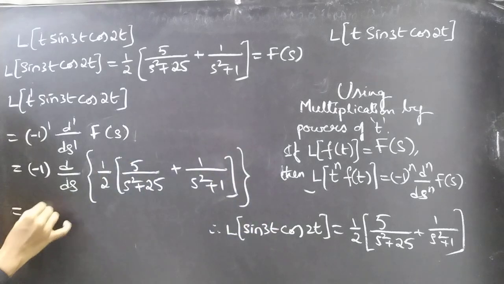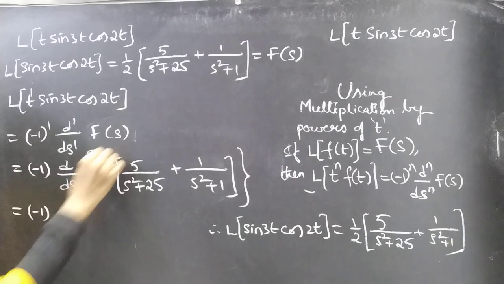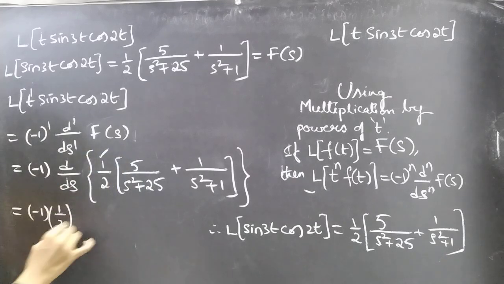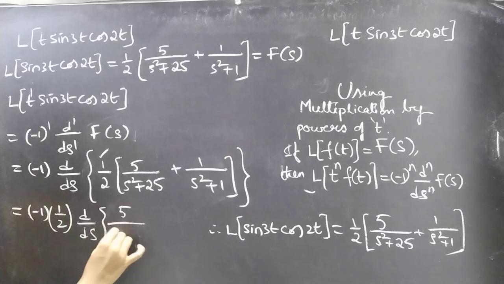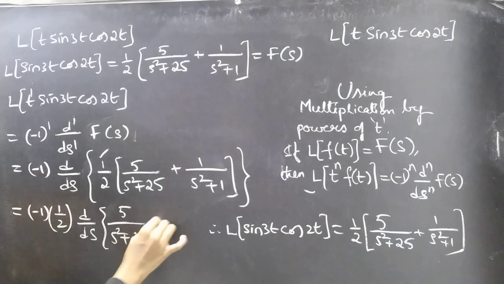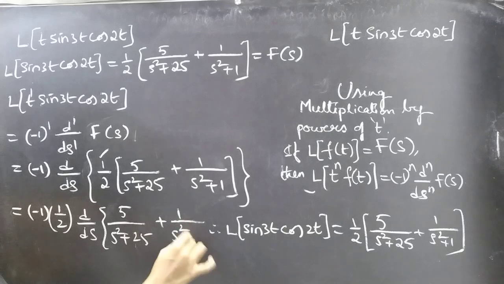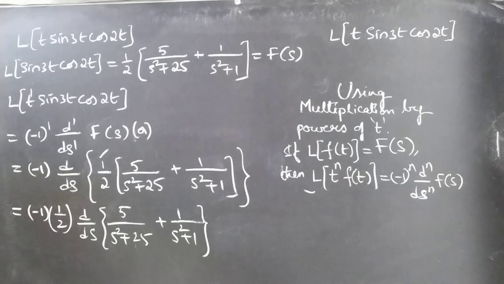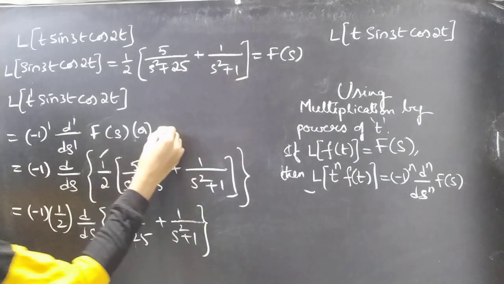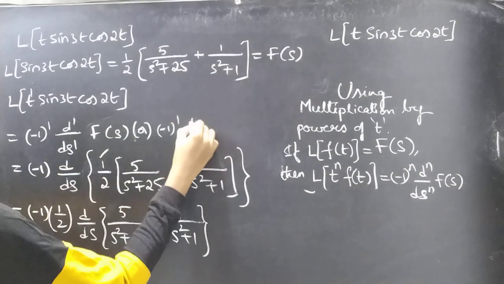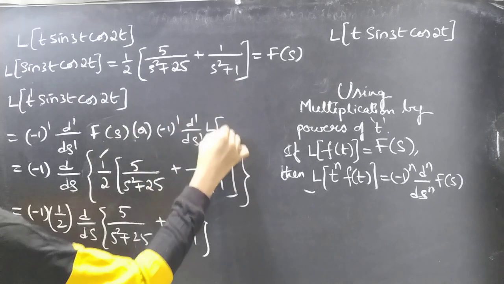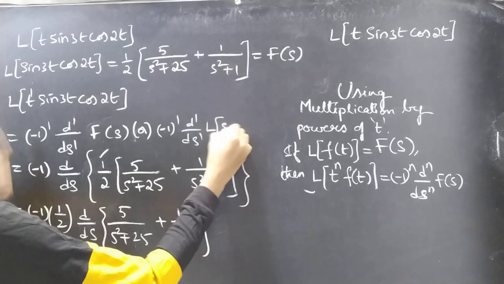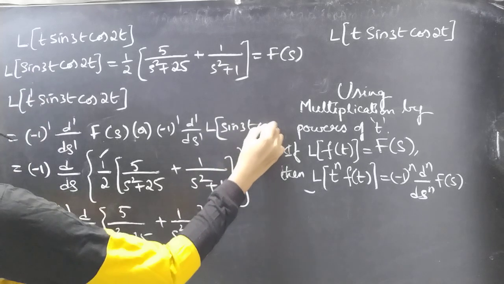This is equal to minus 1 into constant 1 by 2 into d by ds of 5 by s square plus 25 plus 1 by s square plus 1. In order to make it clear, I'll write this as minus 1 power 1 d power 1 by ds power 1 into f of s, which is nothing but L of the function of t, that is sine 3t cos 2t.